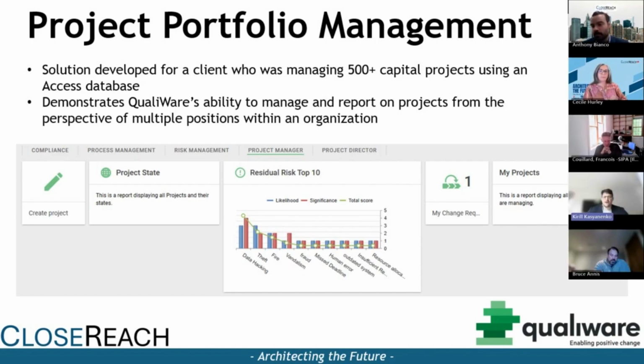Yeah, I just had a quick comment going back to Walter's question. There are some capabilities in QualiWare that could semi-automate that process you're talking about, Walter, that sanity check or feasibility check on whether the project should be implemented in the first place.